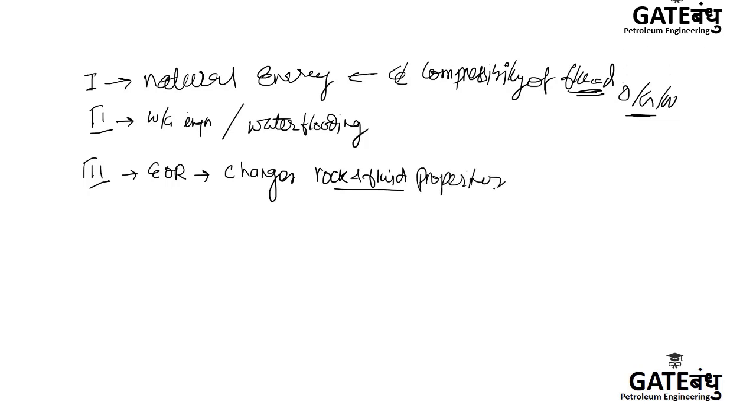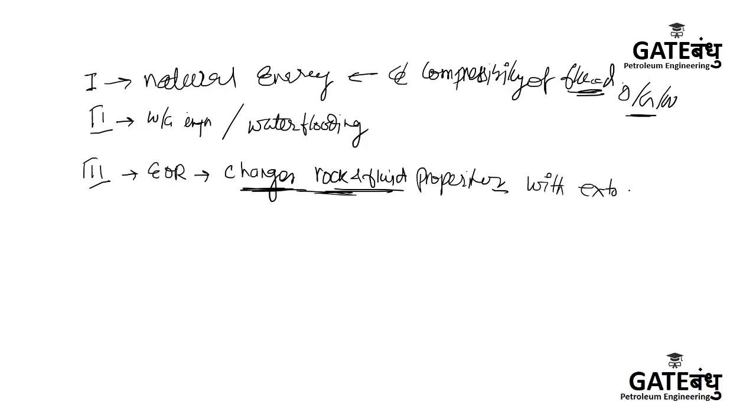What is this rock and fluid property? I will explain in a later video. But EOR is nothing but the changing of the rock and fluid property with an extraneous fluid. What could this extraneous fluid be?